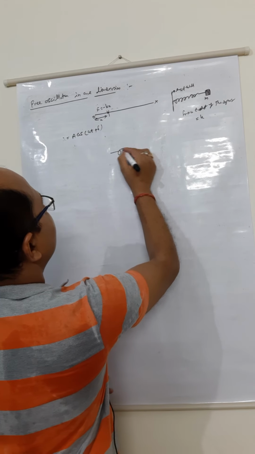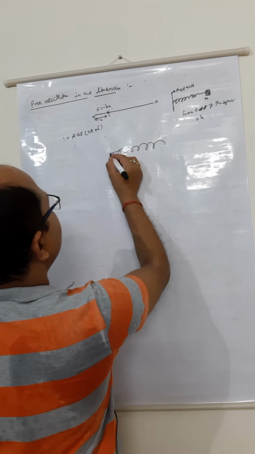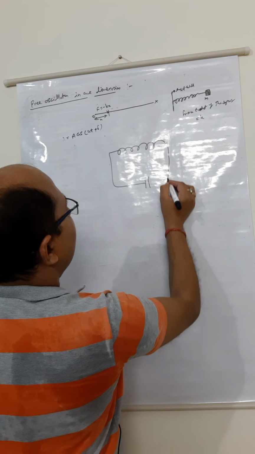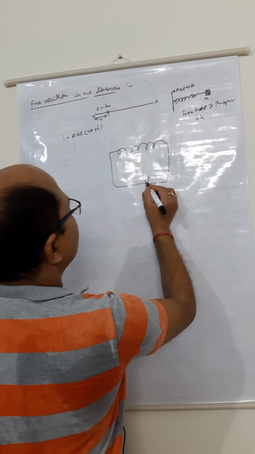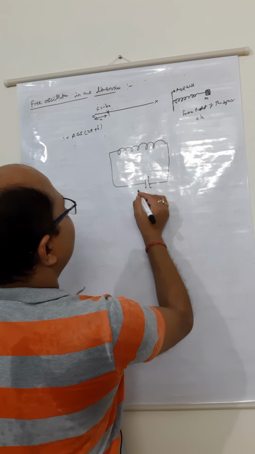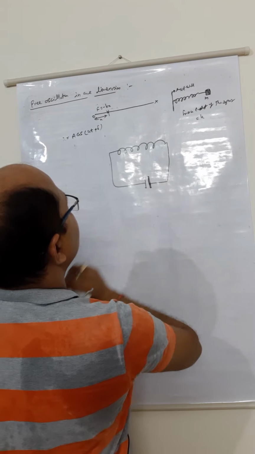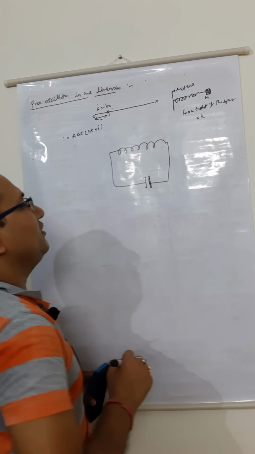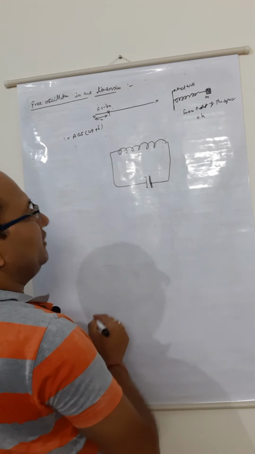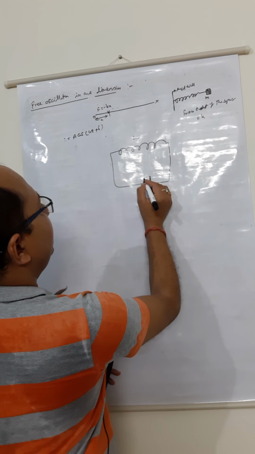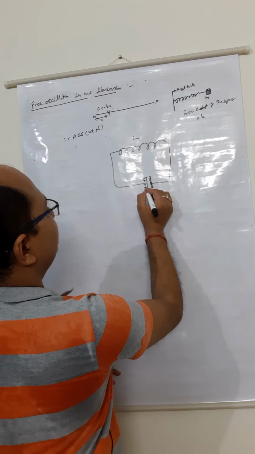Suppose this is an inductor and this is a capacitor. I am sure that all of you are well familiar with the phenomenology of capacitance and the phenomenology of inductance. Here the inductor is L and here is a charged capacitor.